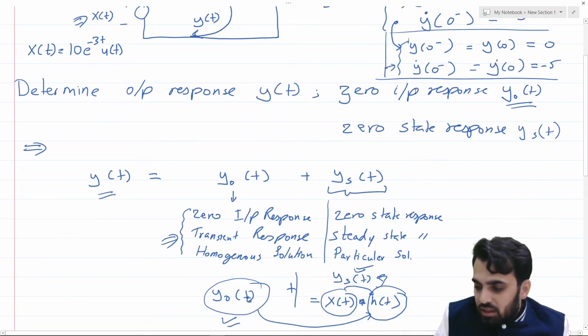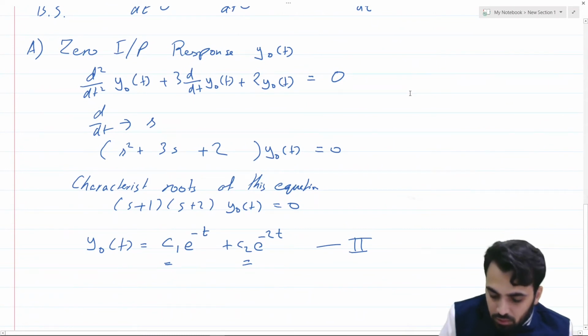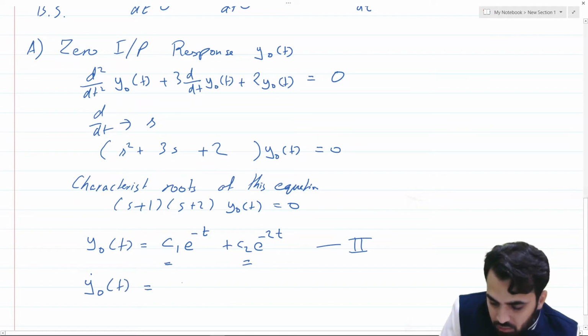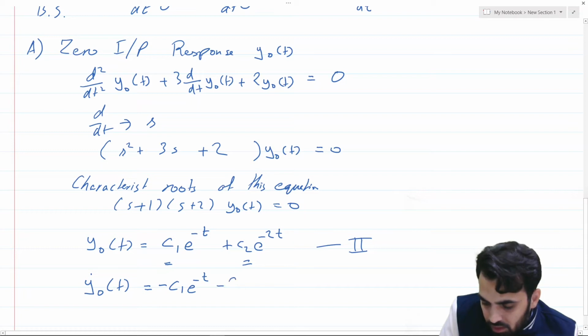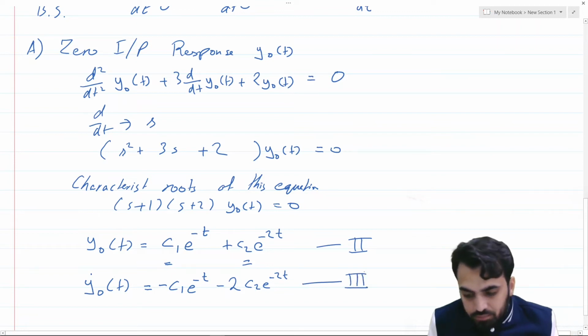So let us take one more derivative. We would have y0 dot of t, which is simply -c1 e^(-t) - 2c2 e^(-2t). So this is our third expression.